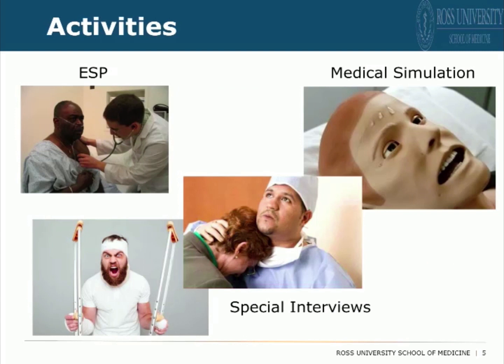A quick overview of the activities we have planned. The first and main bulk of the course consists of what we call ESP. We'll also have a medical simulation and a special interviewing skills activity as well.